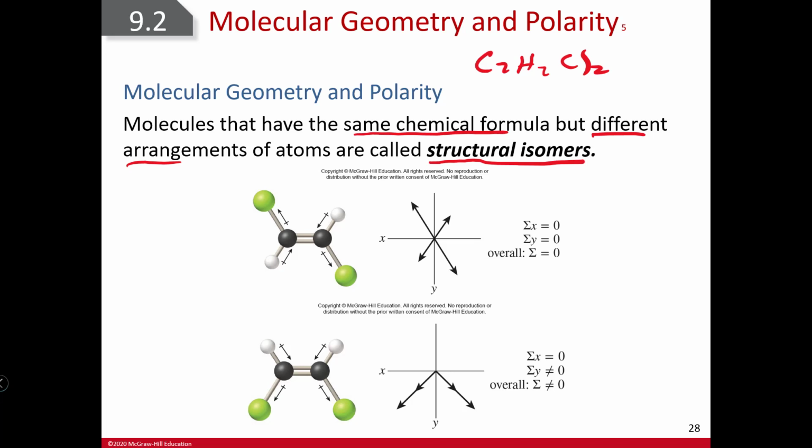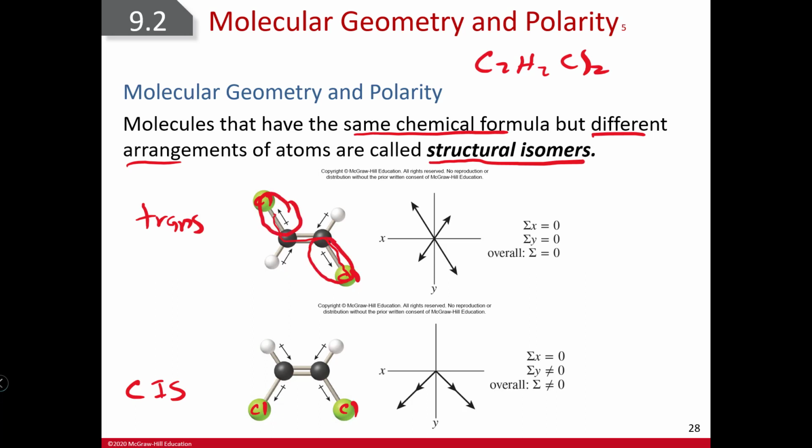In this one, here's the chlorine, and if you go across here, here's the other chlorine. So across is called trans. And where the chlorines are on both sides of the carbon double bond, this is called cis. So we have cis and trans. If you add these vectors, this vector and this vector are equal in force.